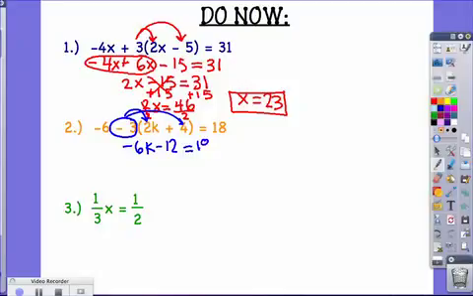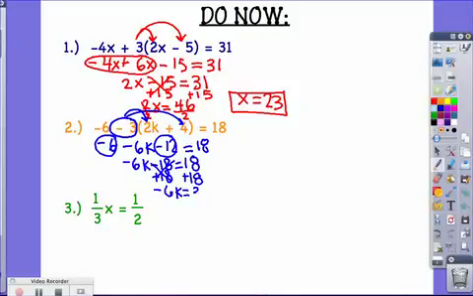Combining like terms, we get negative 6k minus 18 equals 18. We now use inverse operations to isolate k. So add 18 to both sides of the equal sign. Negative 6k equals 36. Divide by negative 6. And we get our final answer, k equals negative 6.